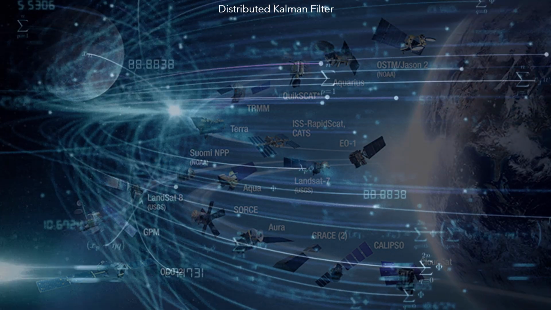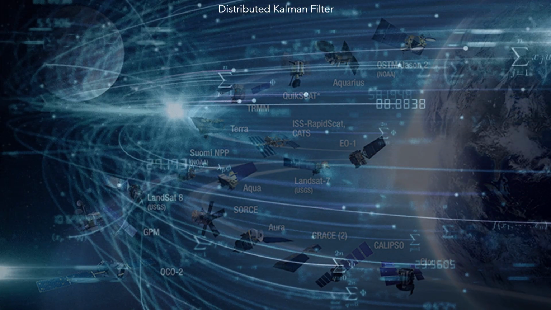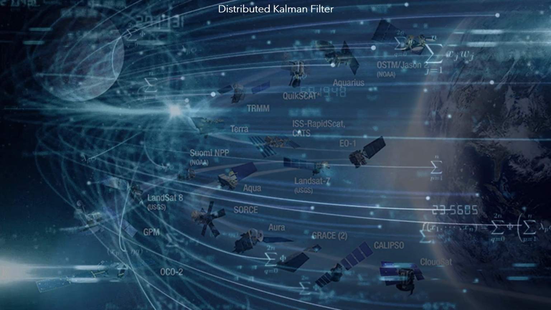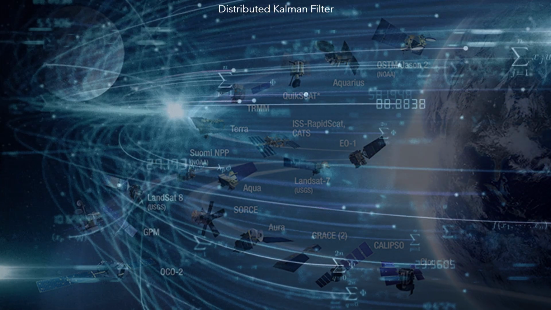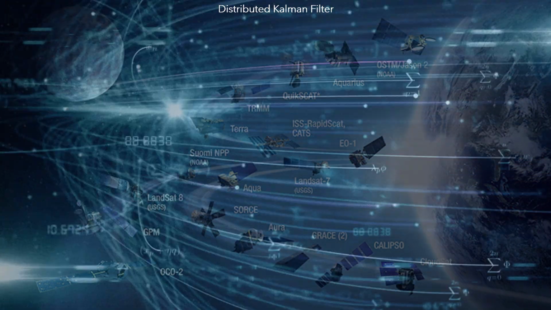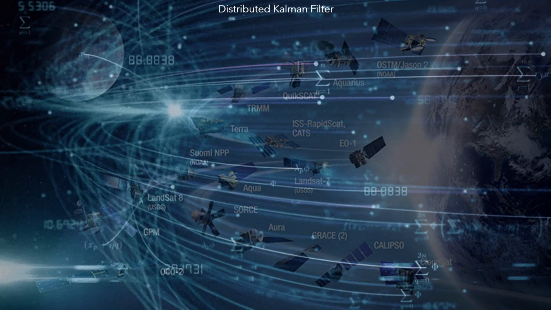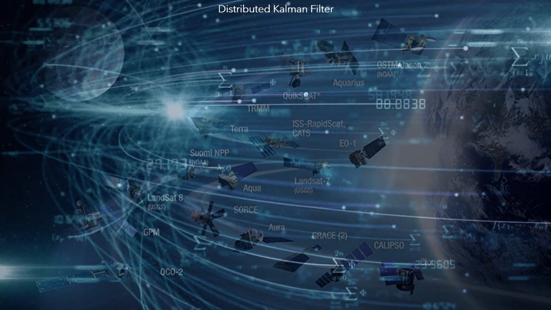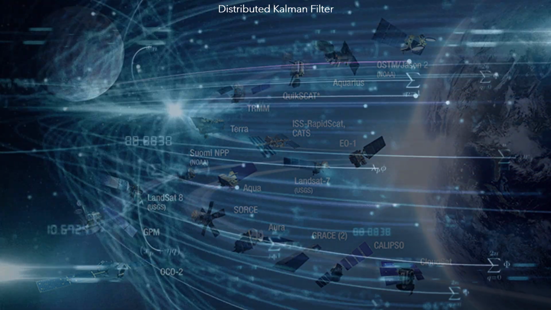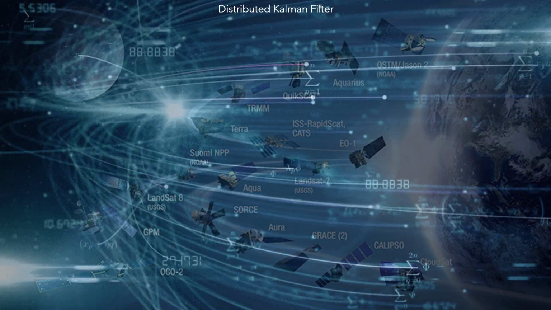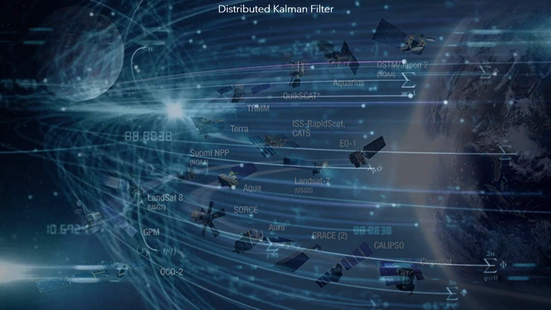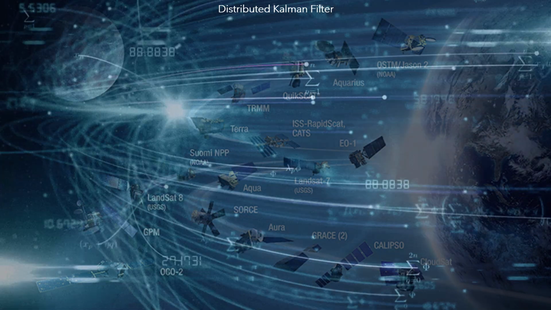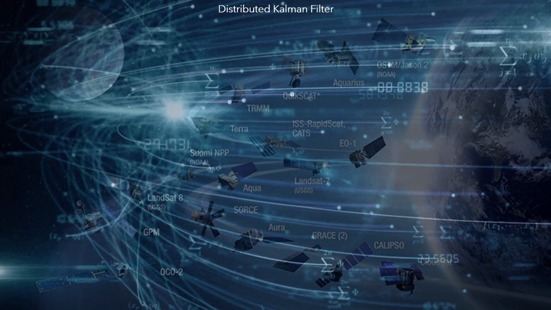Let's consider a state estimation problem with multiple systems of sensors which are connected through a communication network. If all measurements are delivered to one place called fusion center and processed together, the process is called centralized Kalman filtering, CKF. When there is no fusion center, each system of sensors can also solve the problem by using local measurements and exchanging information with its neighboring sensors, which is called distributed Kalman filtering, DKF.